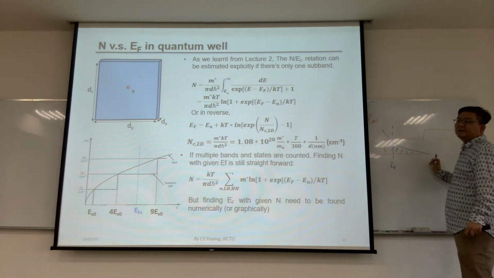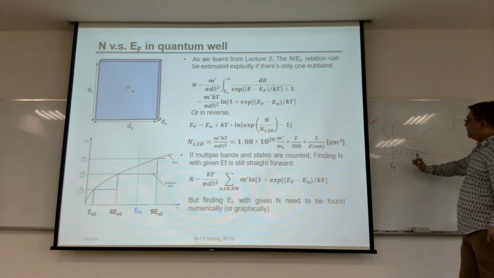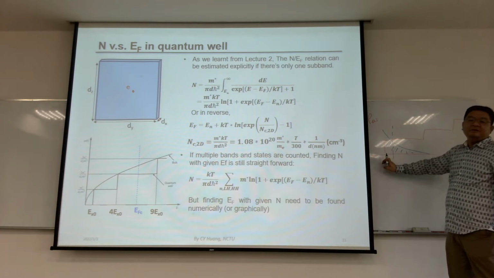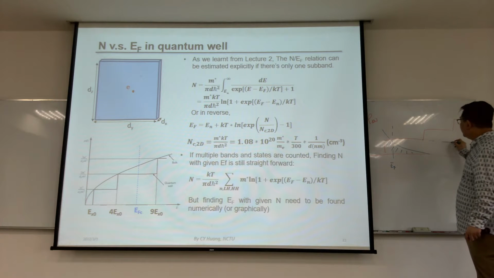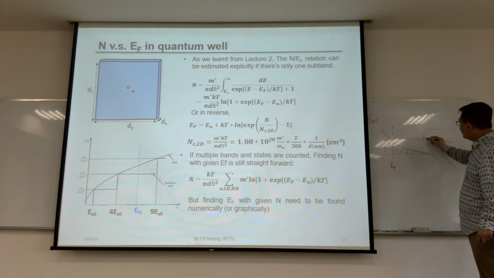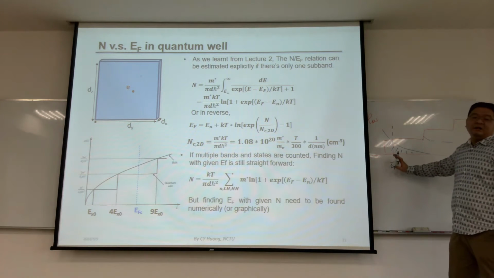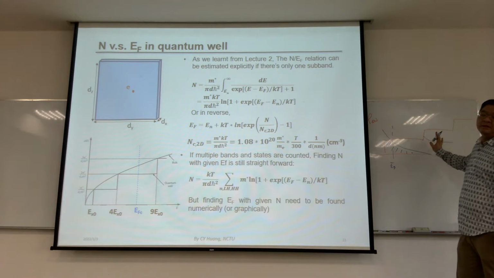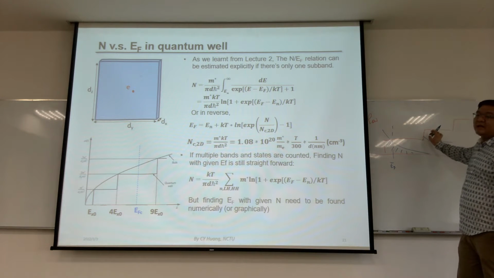This is the total carrier density from the ground state. But surely you can also calculate for another, but the amount will be much less because it's already much higher than the EF. So in summation, probably this doesn't count.